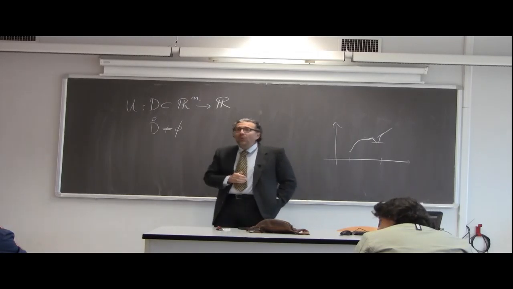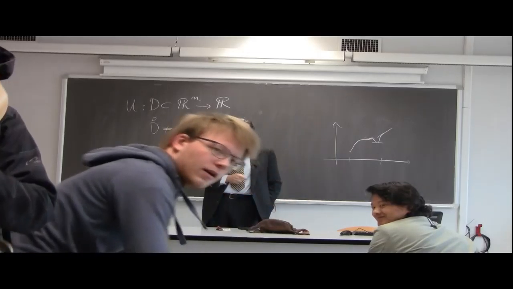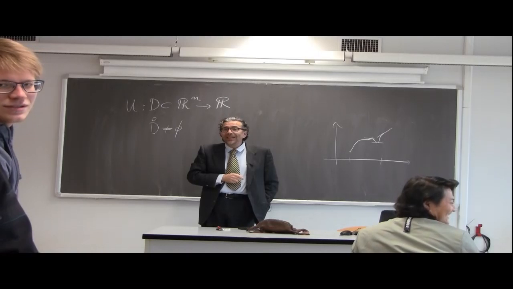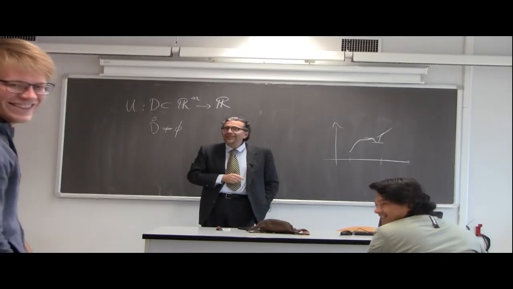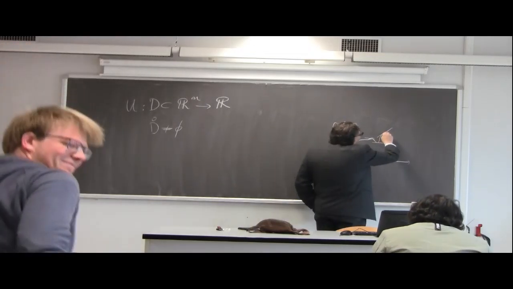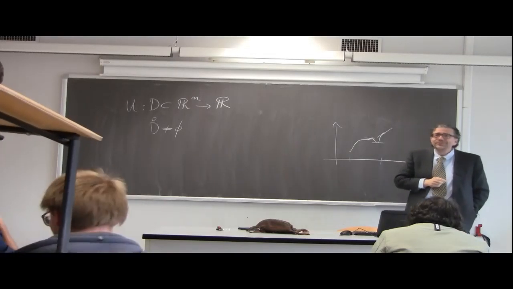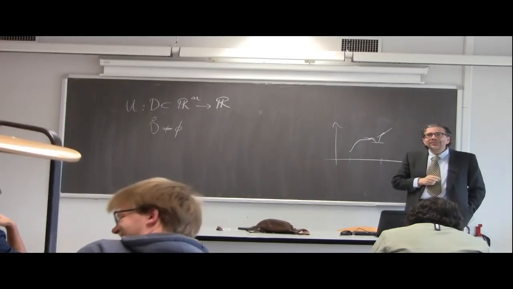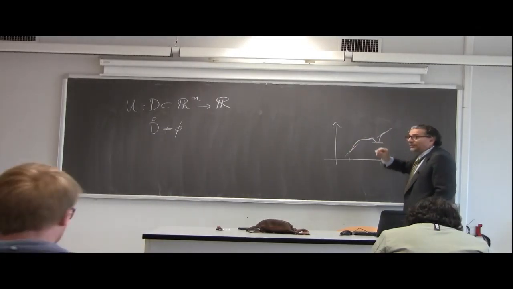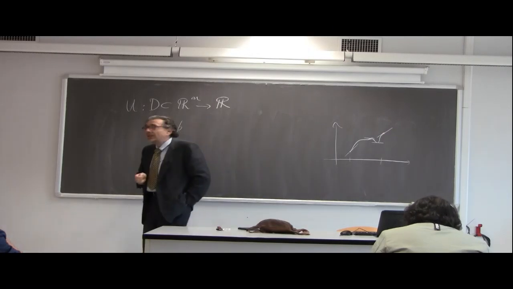While on the other side, if your function attains a maximum or a minimum on the boundary, then it could be that the function has not a vanishing derivative there.